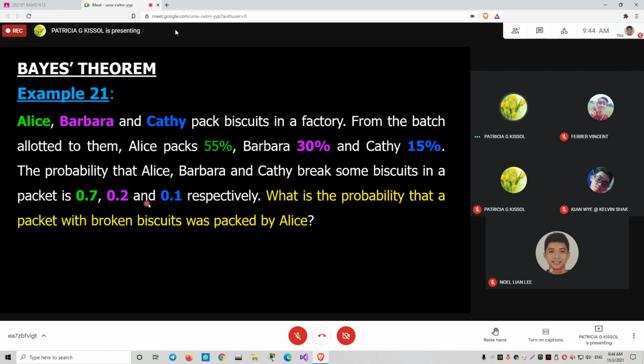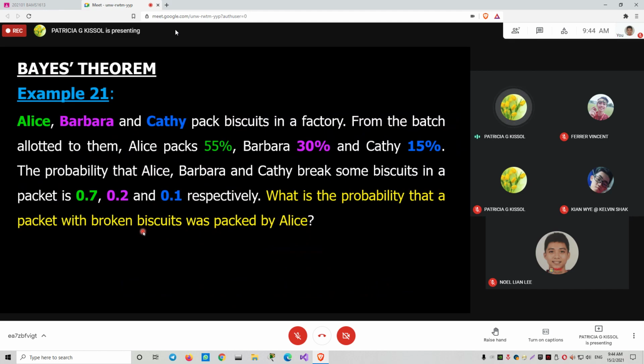Barbara is 0.2 and Kathy is 0.1 respectively. And the question is, what is the probability that a packet with broken biscuits was packed by Alice? Yeah, so our focus is Alice, given that she packed broken biscuits.